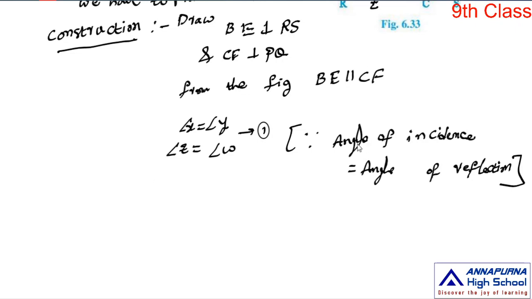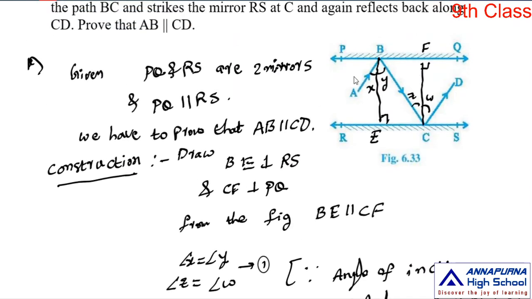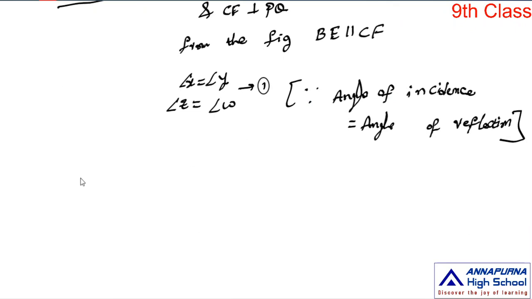See the figure. BE is parallel to CF and BC is the transversal.